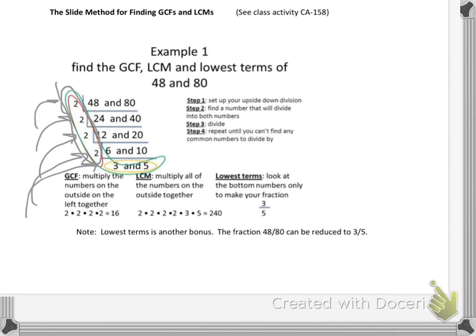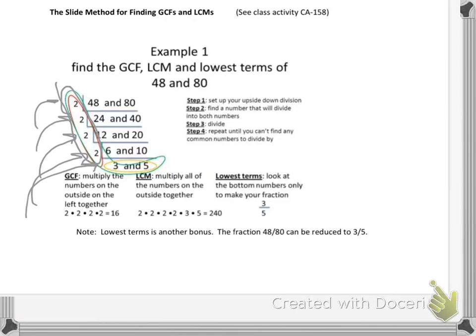If you want to figure out the least common multiple, you're going to multiply your GCF, which was 16, that we got by saying 2 times 2 times 2 times 2, and then you also multiply by 3 and by 5, and you will find the least common multiple of 48 and 80. So this is the smallest number that they can both go into evenly, 240.